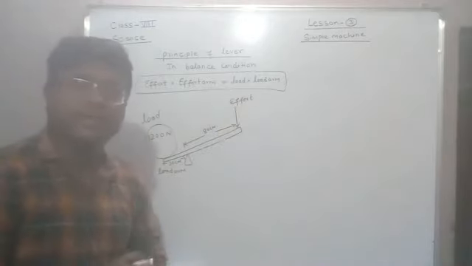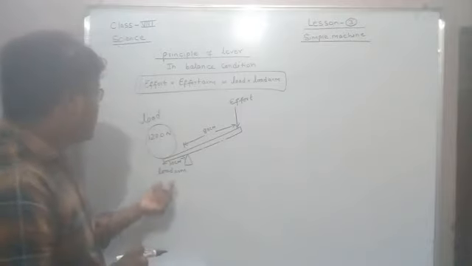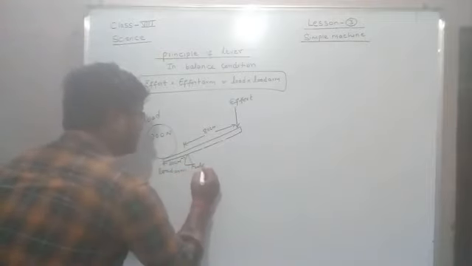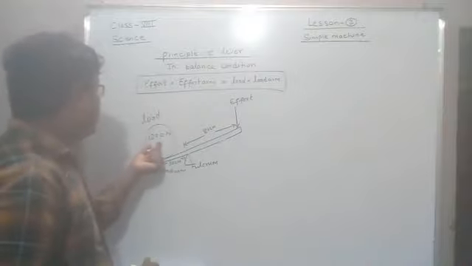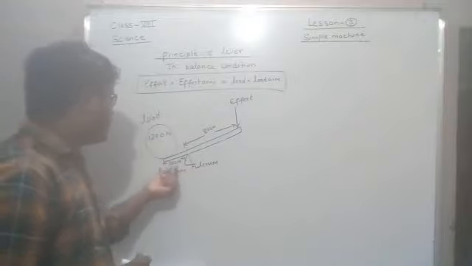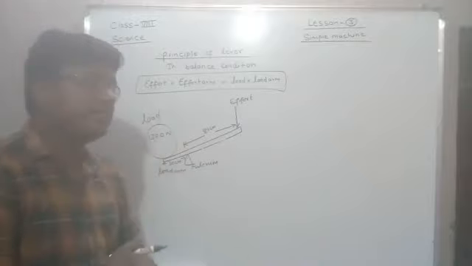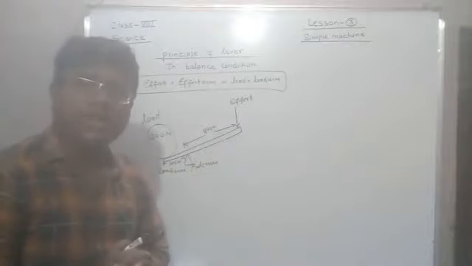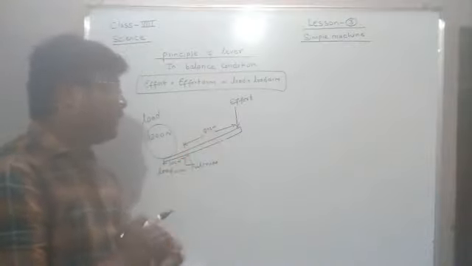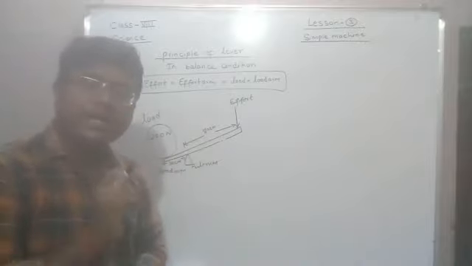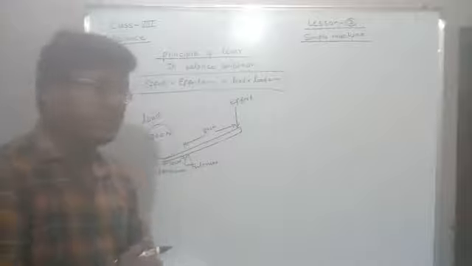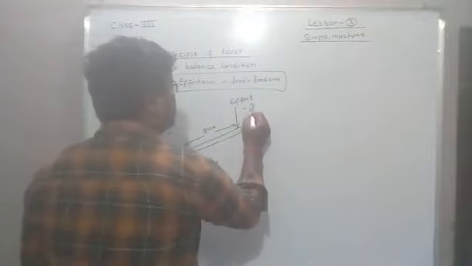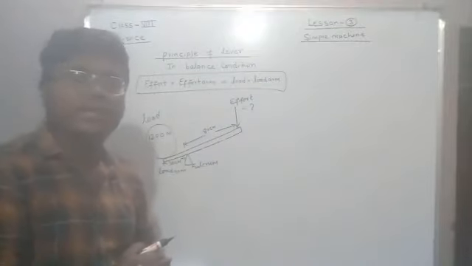We don't know how much effort we will apply, but the distance of the load from the fulcrum is 30 centimeter, so that is the load arm, and we apply the effort 80 centimeter away from the fulcrum. So how much effort is required? We are going to calculate it.